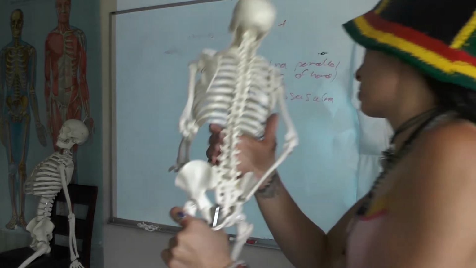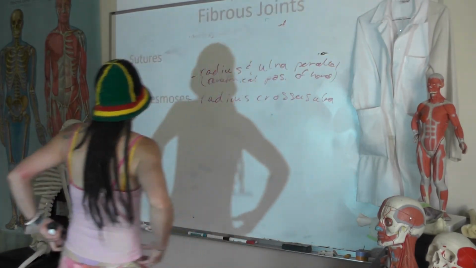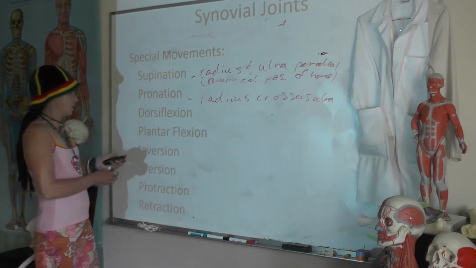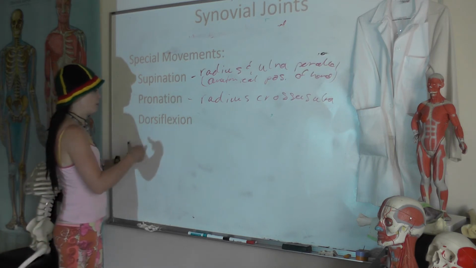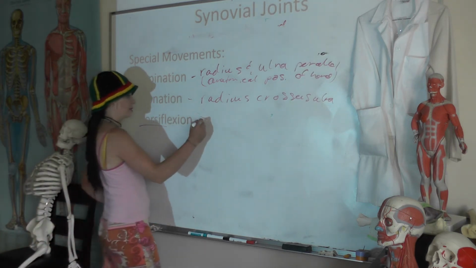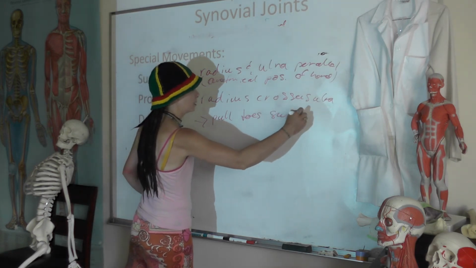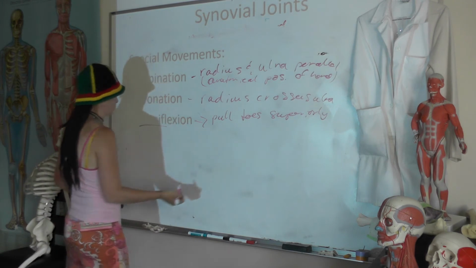So those are special movements of our feet. Special movements of the feet, dorsiflexion and plantar flexion. Dorsiflexion is when you pull your toes superiorly toward the dorsum of your foot. Pull toes superiorly, like towards your head, or toward the dorsal surface of your foot.